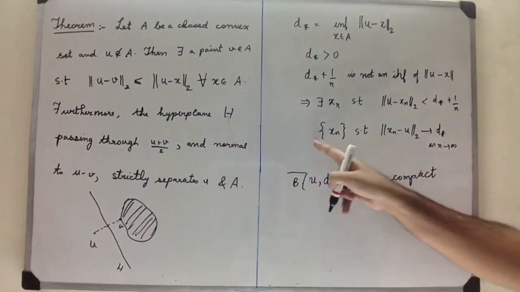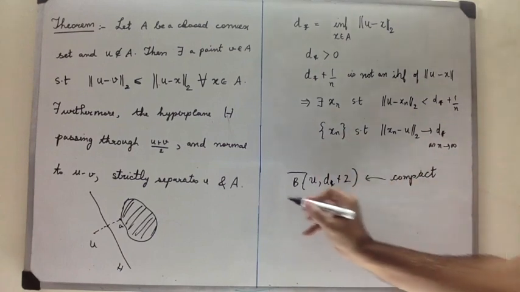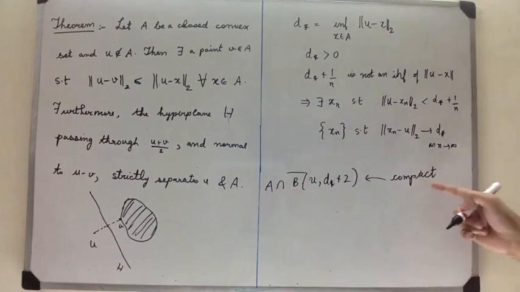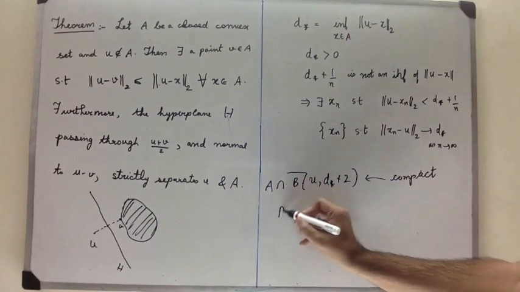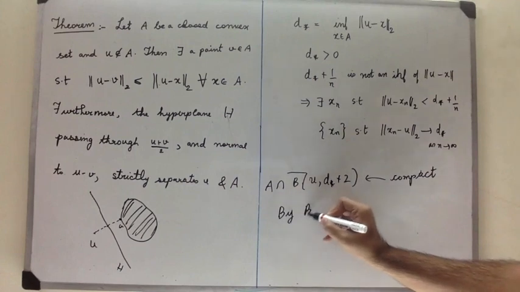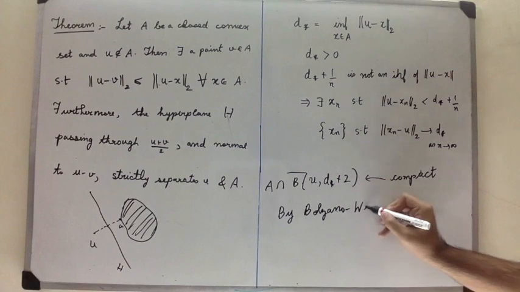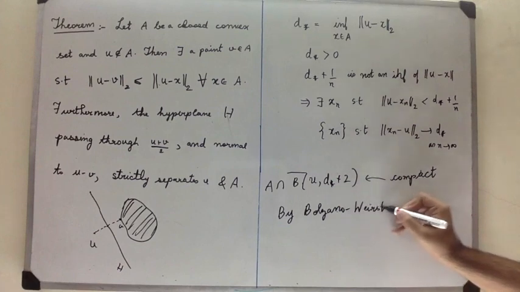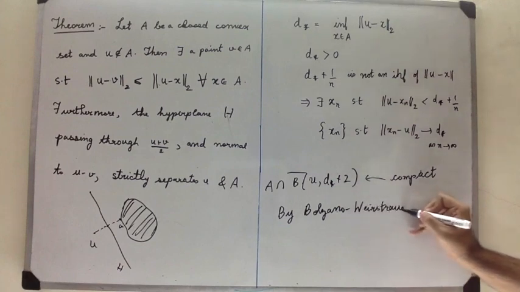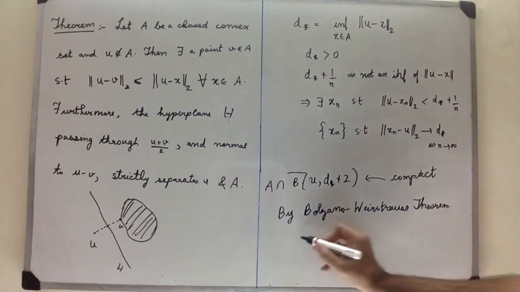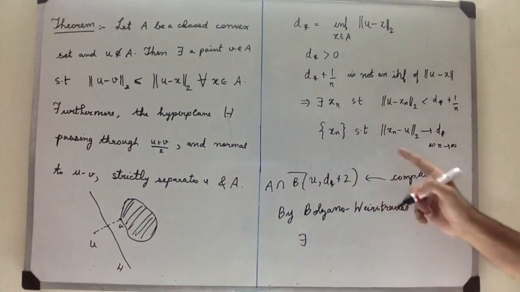Thus, all these sequences are contained in a closed and bounded compact set. So by the Bolzano-Weierstrass theorem, there exists a convergent subsequence.